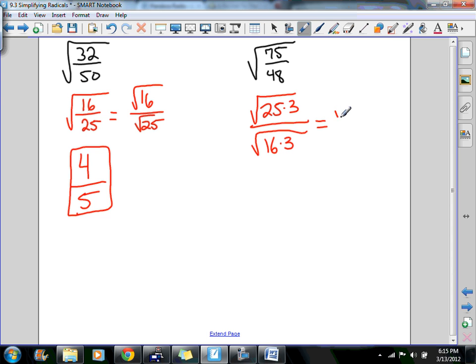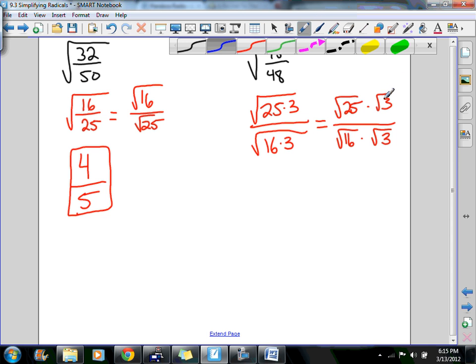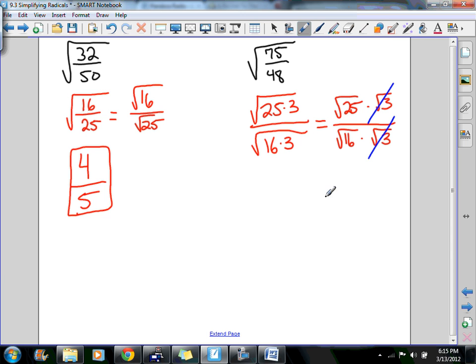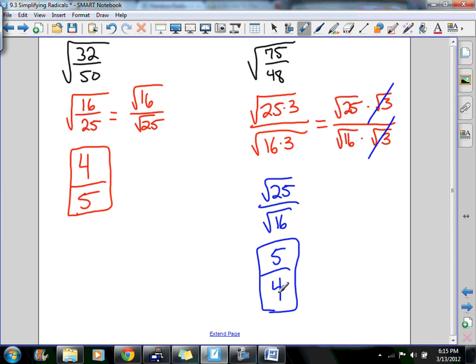When I break these up, I get the square root of 25 times the square root of 3, and over here the square root of 16 times the square root of 3. Rules of fractions, if we have the same number on the top and the bottom, we can cross them out. So then I get the square root of 25 over the square root of 16, which is 5 over 4. And we can check that and get that answer.